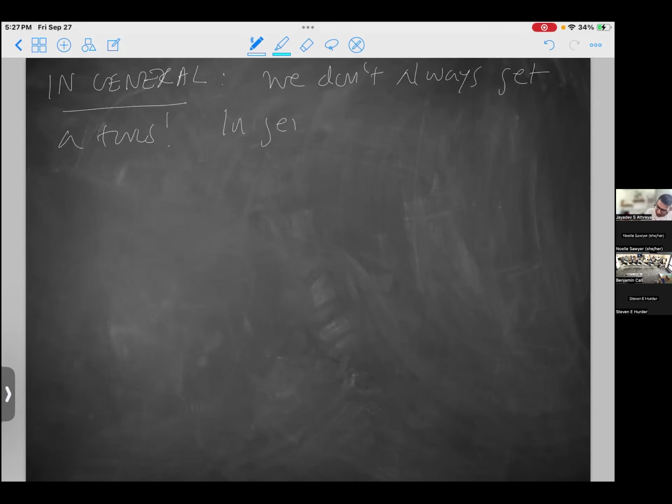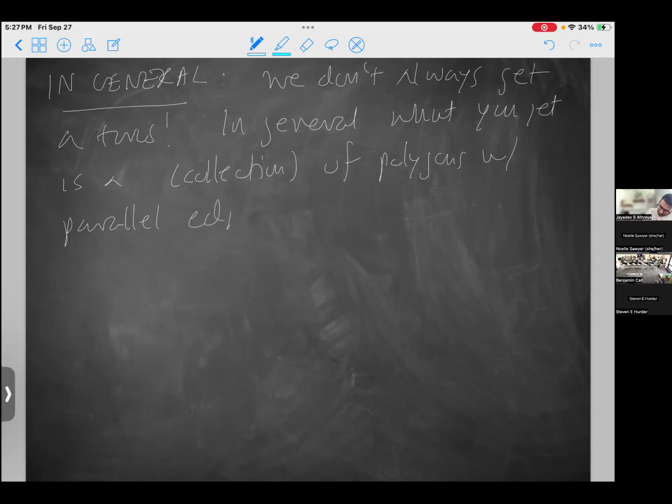In general, what you get is a collection of polygons with parallel edges identified by translation, which is exactly yielding a surface.